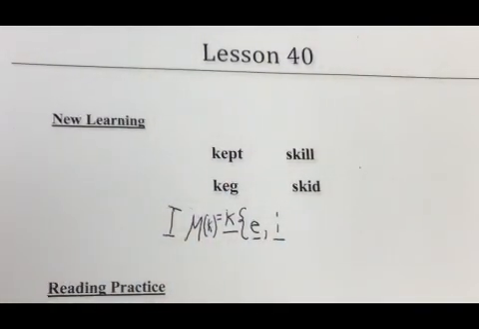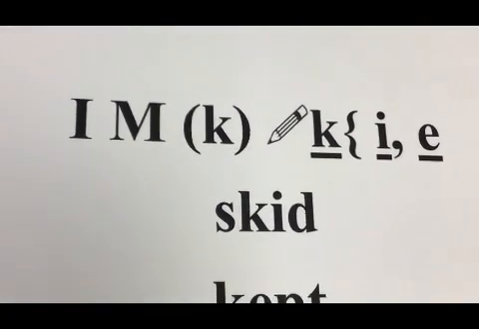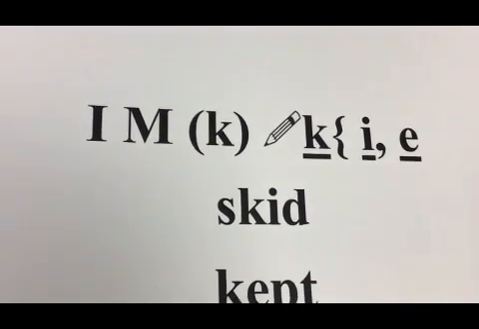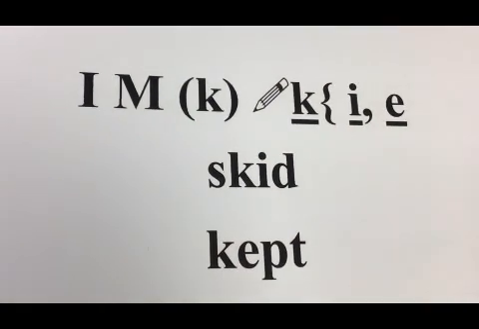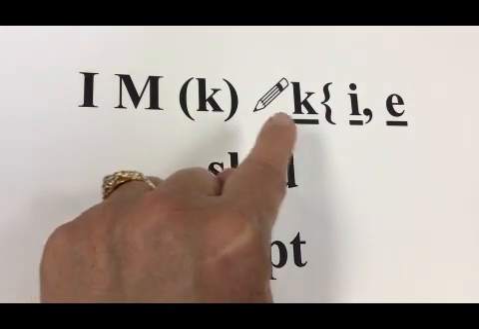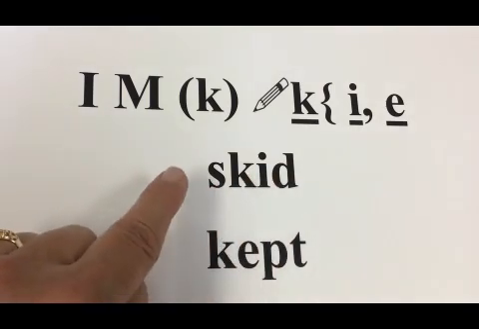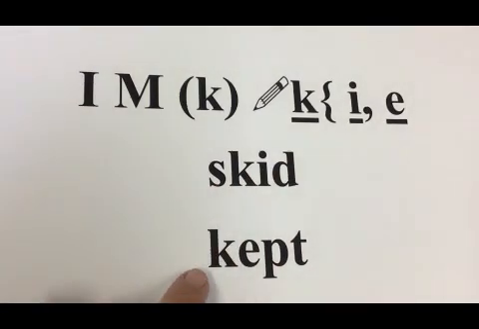That is our new concept. New spelling rule. Let me zoom out just a little bit so you can see this. We now know initial and medial K is spelled K before I and before E, as in skid and kept.